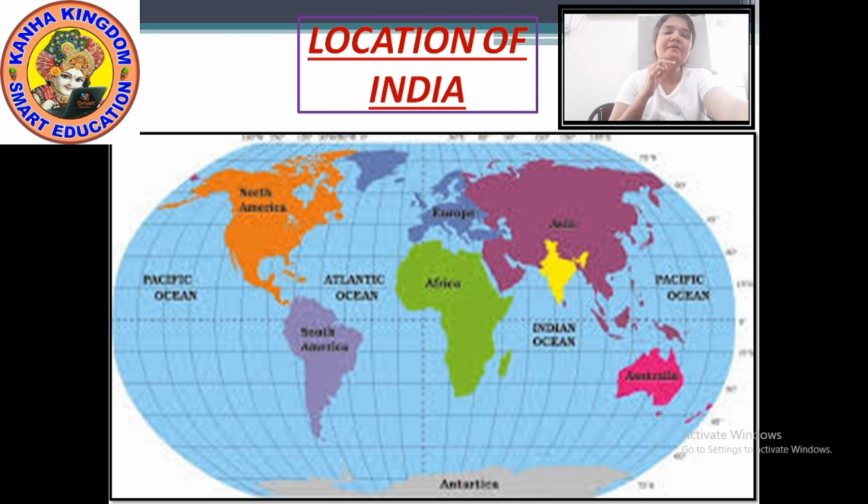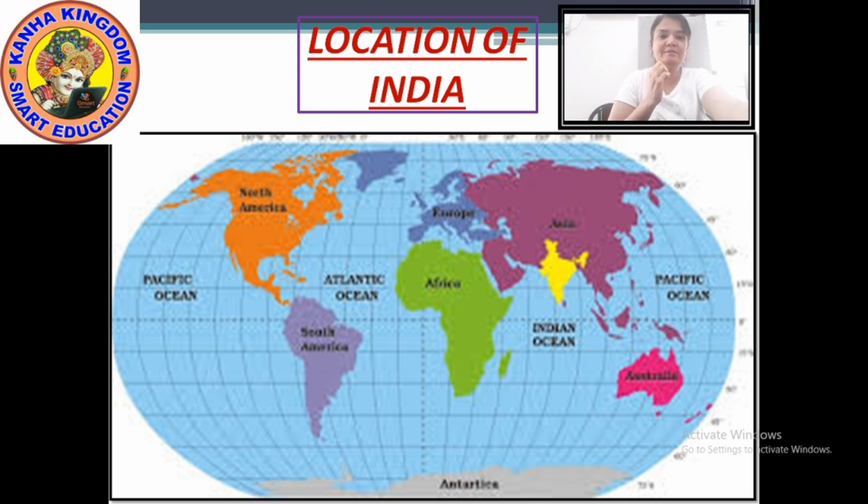Now looking at this world map, one more thing comes to your mind. That is the blue part. The blue part that you see in this map is totally water. Now this water consists of oceans and seas.